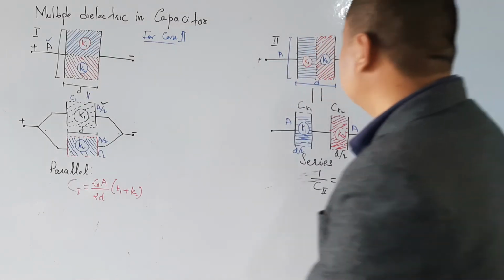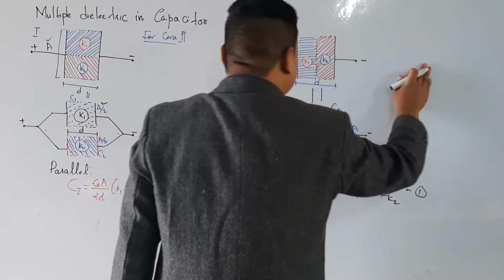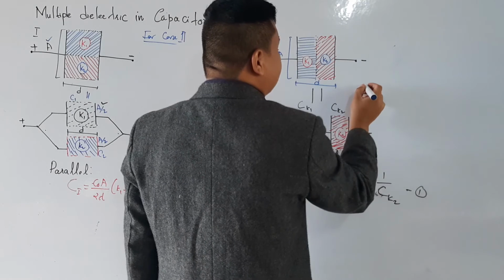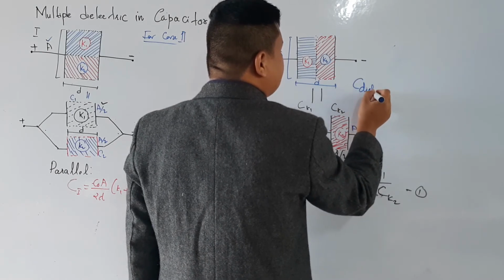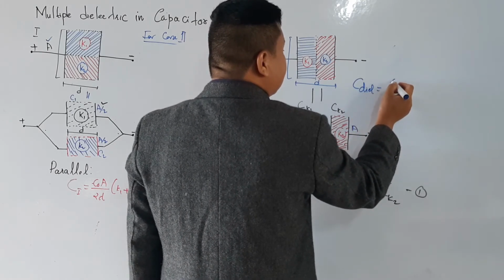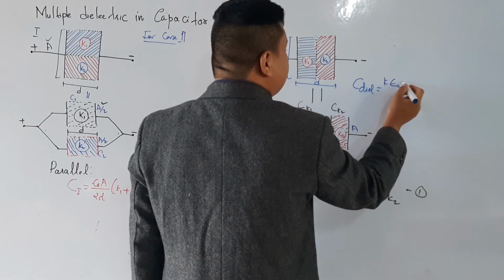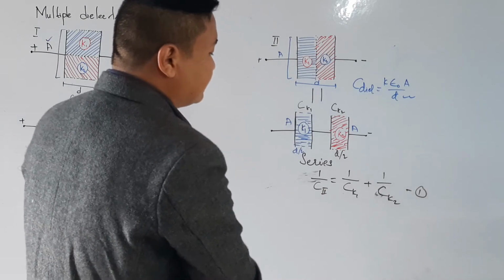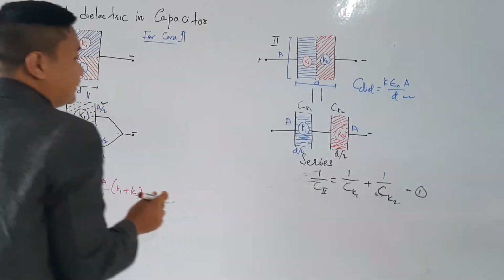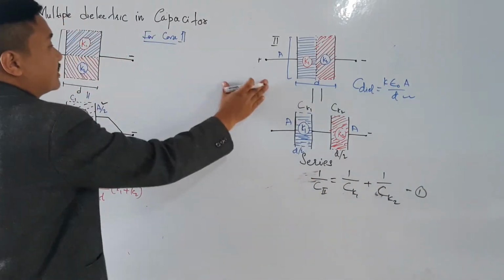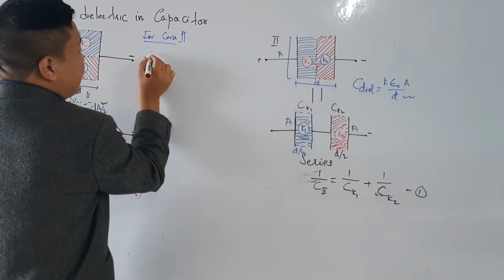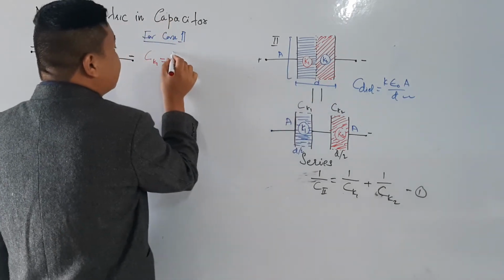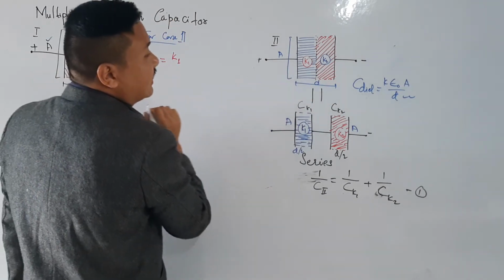Now again, what do we know? We know that C dielectric is equal to K epsilon naught A divided by D. Using the same thing, I will find Ck1 and Ck2. So this is equation number 1 for case 2. Ck1 is equal to K, which is my K1, times epsilon naught.